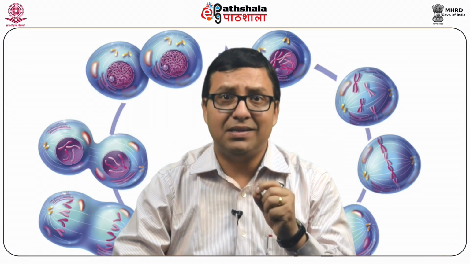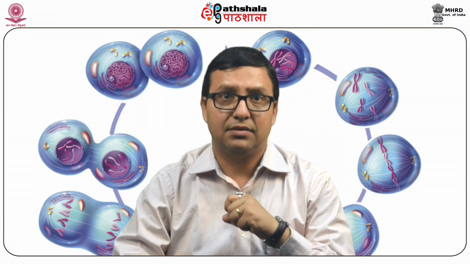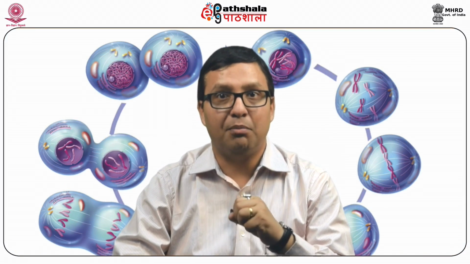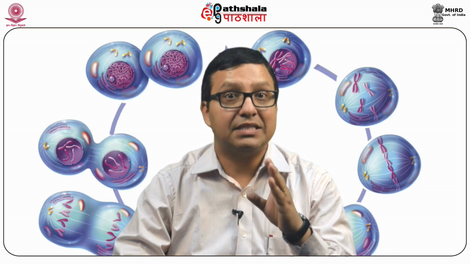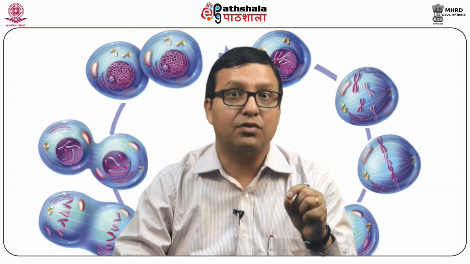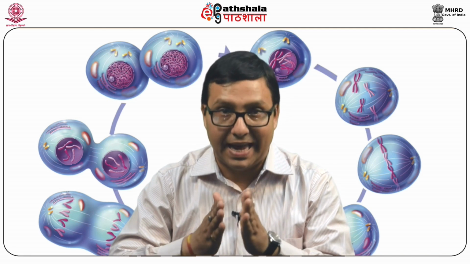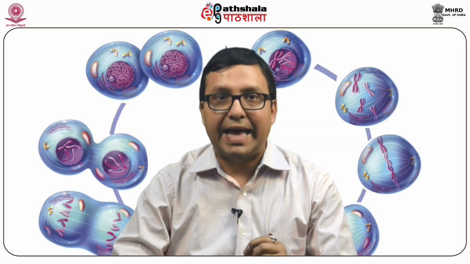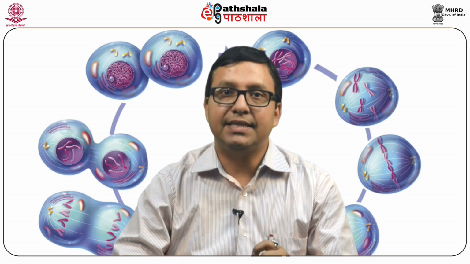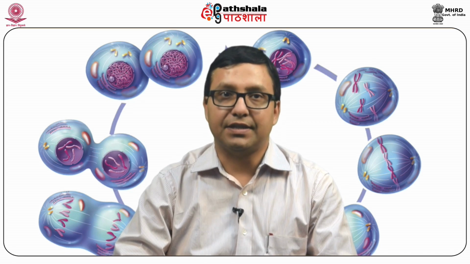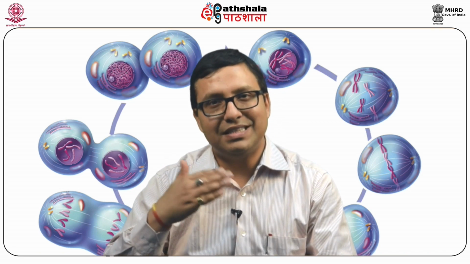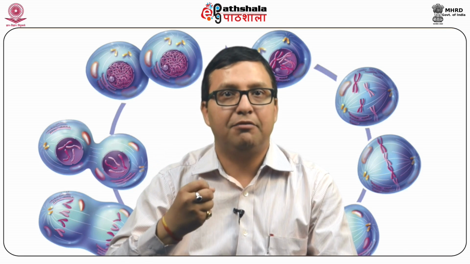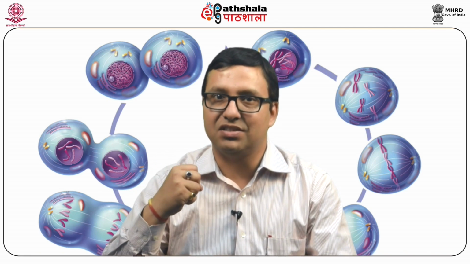SAC, that is the spindle assembly checkpoint, inhibits APC-CDC20 from eliciting anaphase until all replicated chromosomes become properly aligned at the metaphase plate region. Near the end of mitosis, CDC20 is inactivated and the alternate adapter CDH1 takes control of APC substrate selection.